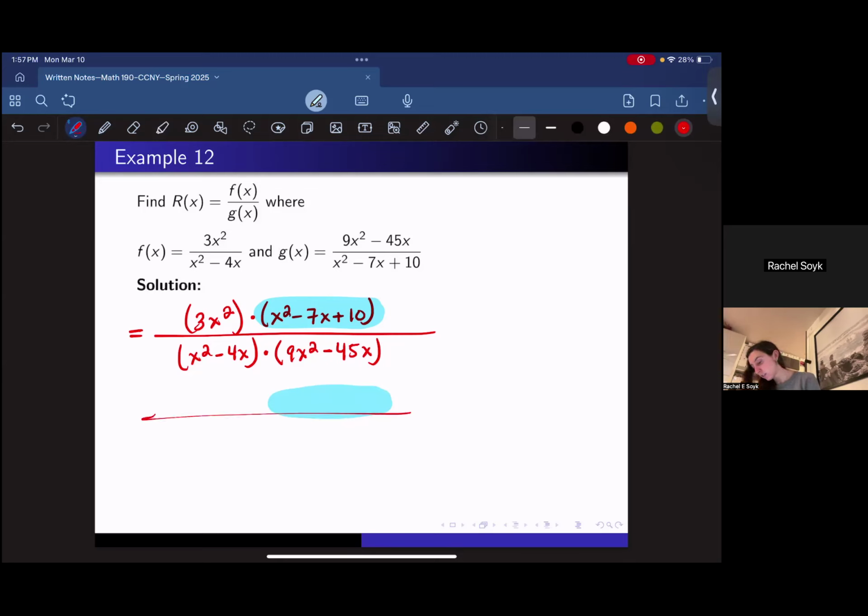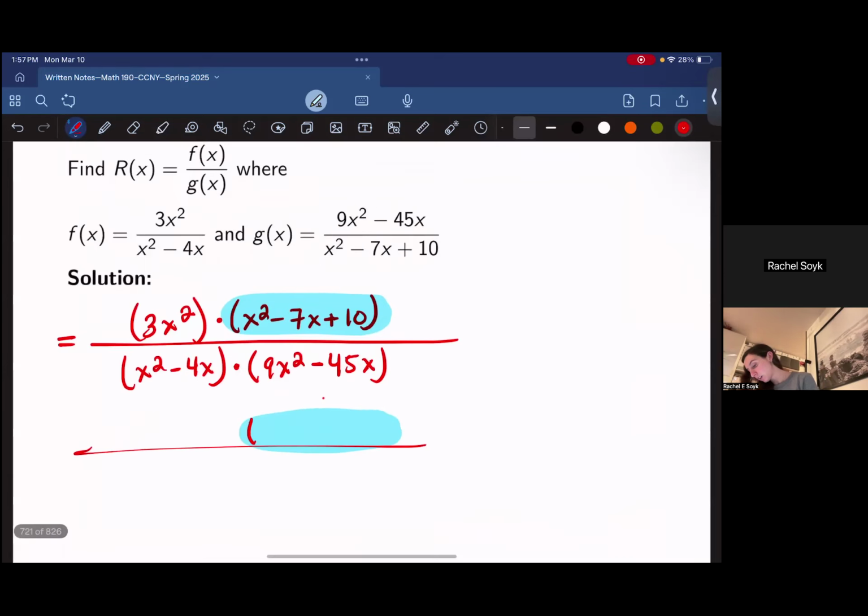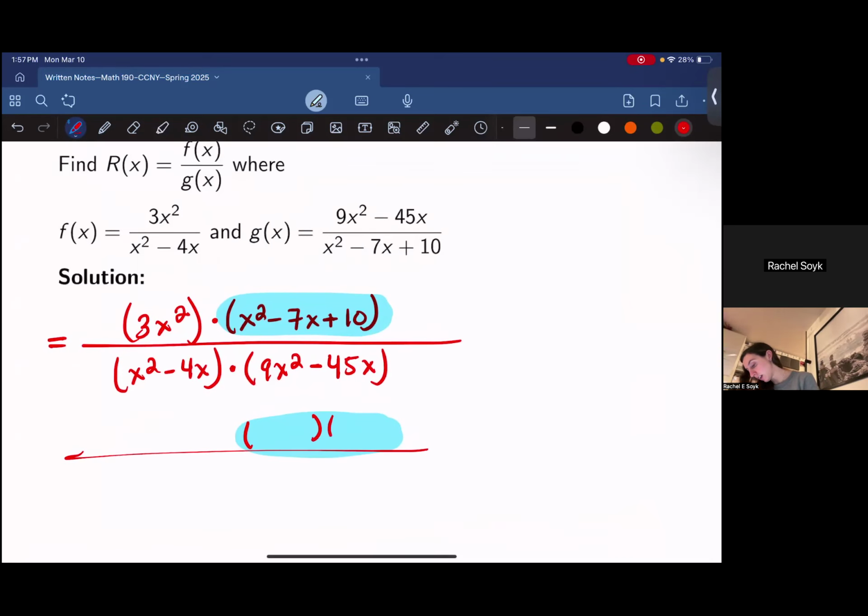So first off, x squared minus 7x plus 10, factor pairs of positive 10 that add to -7. We simply have x minus 5 and x minus 2. We're going to keep that 3x squared there.